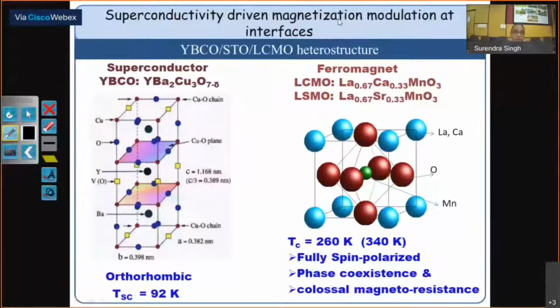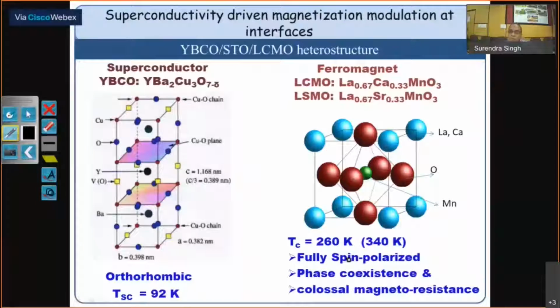You know the superconductor YBCO. These are the copper planes which are responsible for superconductivity in this. The superconducting transition temperature, TSC, is 92 K for bulk YBCO, and sometimes also for films. These are the ferromagnets, whose TCs in the bulk are 260 and 340 K, and in thin films vary depending on the thickness and other things.